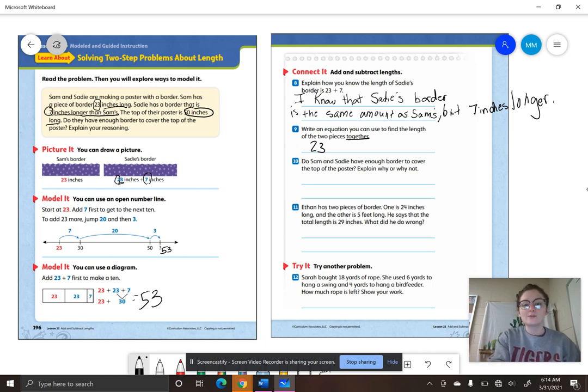So we have 23 plus, we know that Sadie's border is 23 plus 7 more inches. What was 23 plus 7, Smarties? 30. So 23 plus 30 has a total of 53 inches.